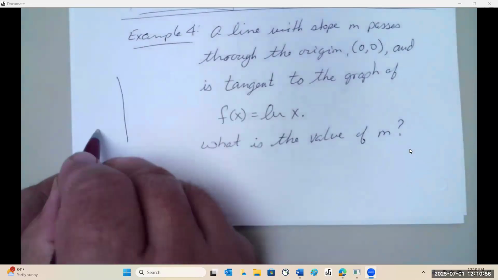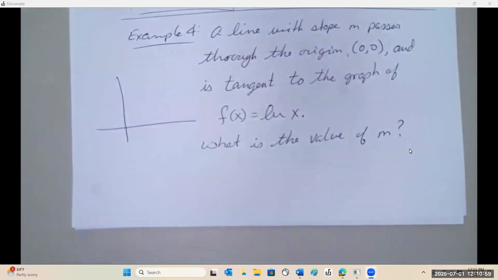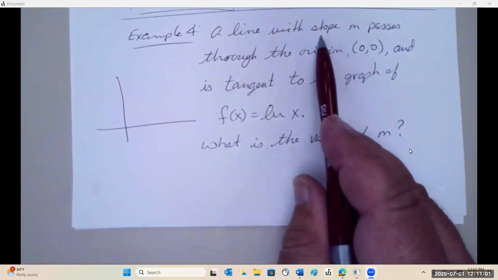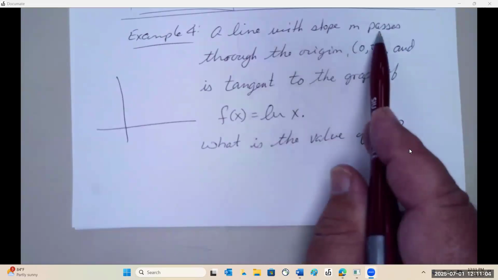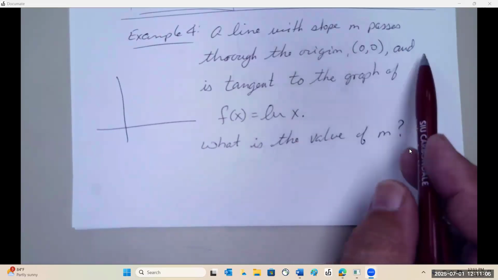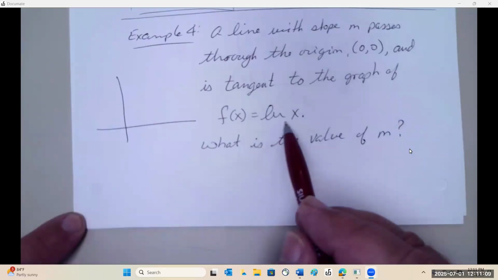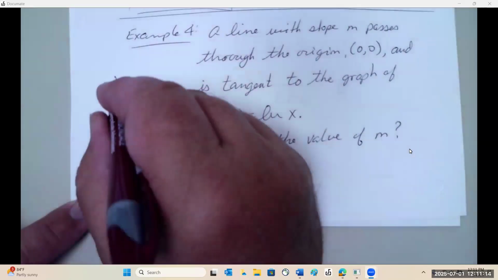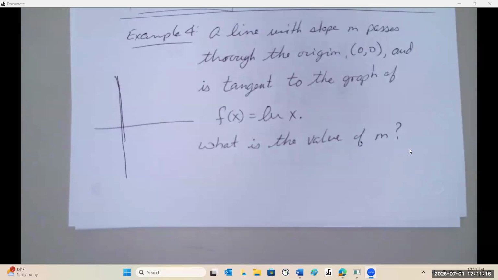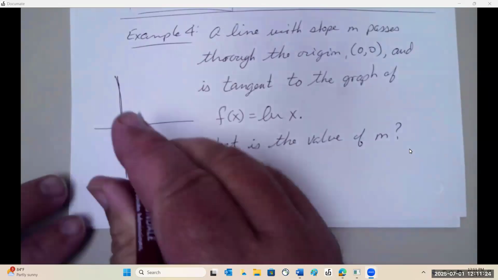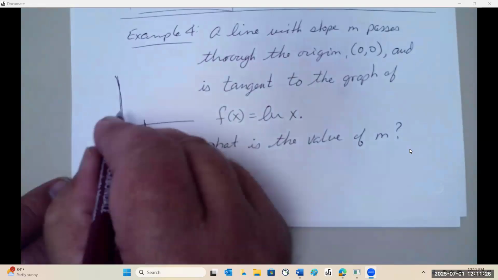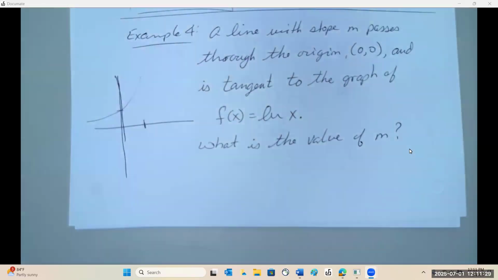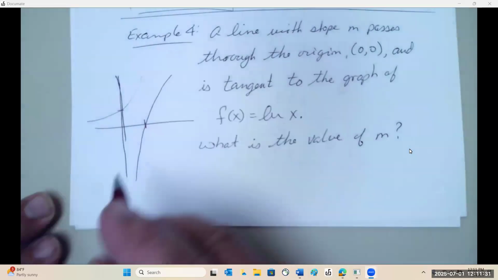Let's look at what they're trying to tell us. A line with slope m passing through the origin, 0, 0, is tangent to the graph of f of x, y equals ln x. What does the graph of ln x look like? What quadrants is it in? First and fourth. Crossing the x-axis where? Remember, the exponential function crosses at 1, so the logarithmic function crosses at x equals 1.